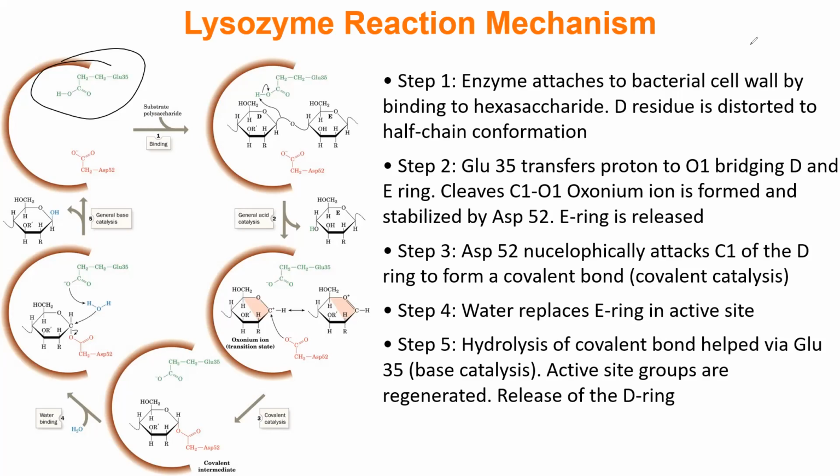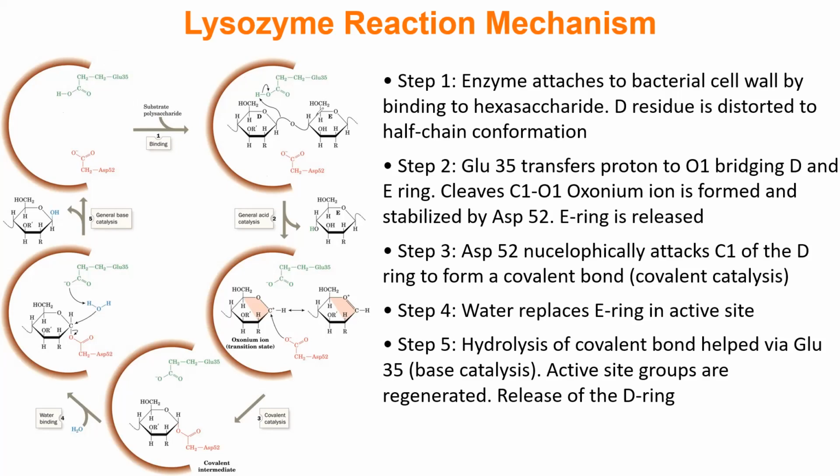If you're surrounded by a bunch of hydrophobic amino acids, your pKa will change. If you're surrounded by water, then your pKa is going to be like those numbers in the chart. So just something to keep in mind there. We start with glutamic acid 35 already being neutral. But let's look at this mechanism.